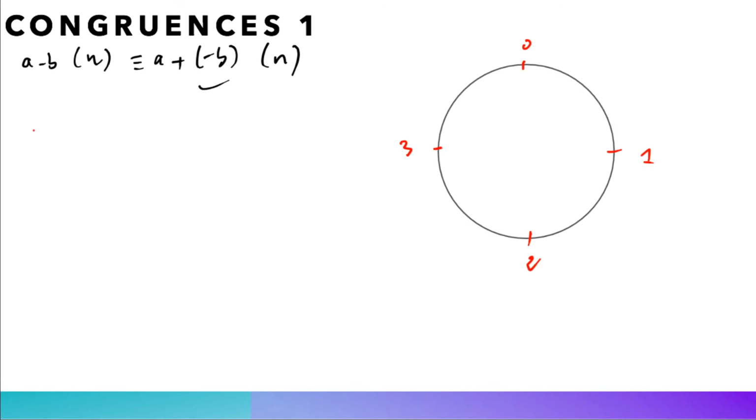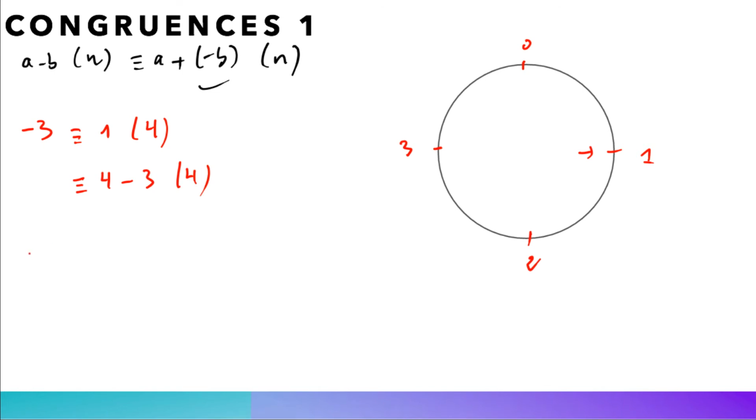Minus b should mean going backward by the number b on a clock of n hours, starting of course from 0. So if you take this clock that you see here, it is a 4 hour clock, and going backward by 3 means that we turn to the left from 0 by 3 hours, and we will be here at 1 hour. So minus 3 is the same thing as 1 modulo 4, and notice that this is the same thing as 4 minus 3 modulo 4.